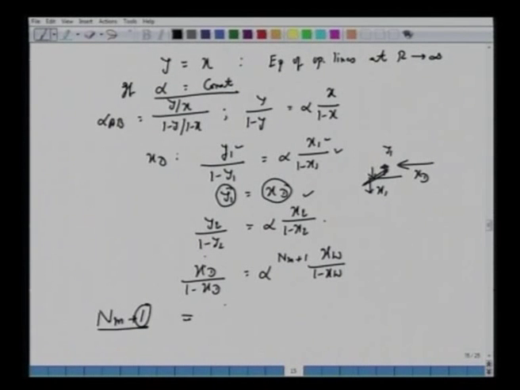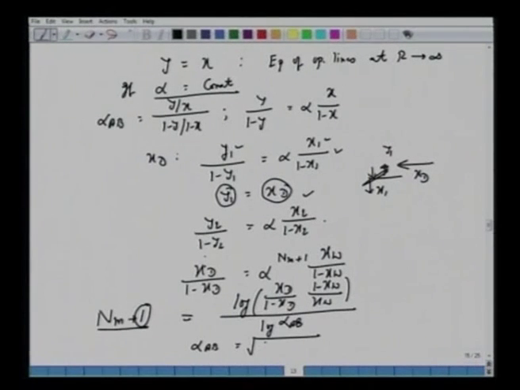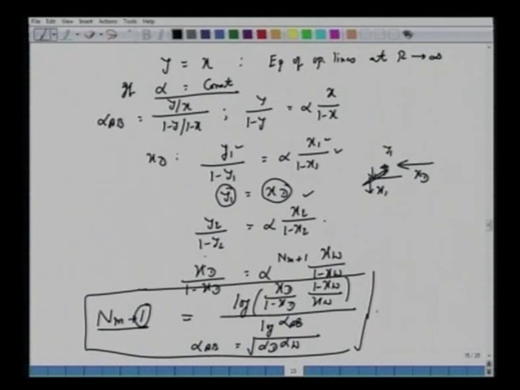One can obtain an analytical expression: log of xt over 1 minus xt times 1 minus xw over xw, over log alpha AB, and for better accuracy, alpha AB is generally taken as the geometric mean of the values for the top product and for the bottom product. This equation is well known and is known as the Fenske equation.